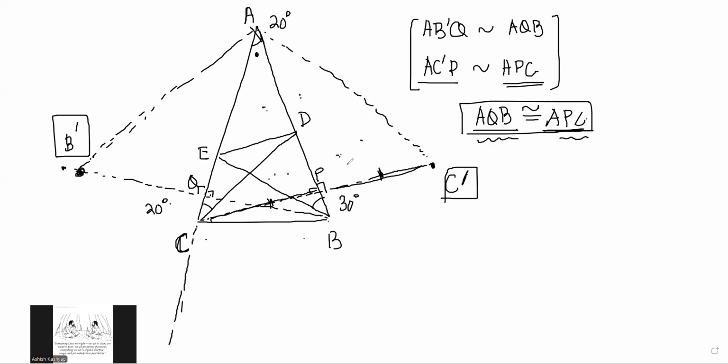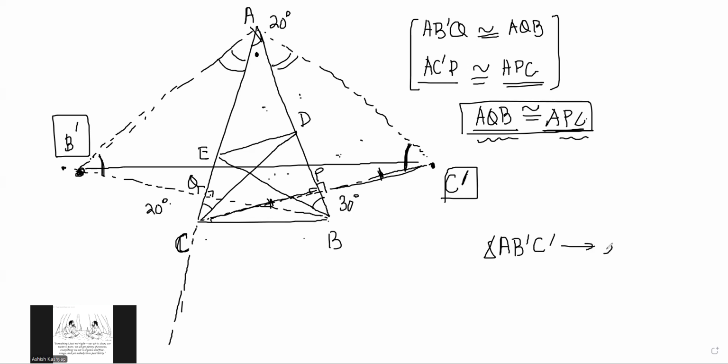Since these are congruent, now we know that AB dash Q is congruent to AC dash P, which means this angle is same as this angle, and also this angle is same as this angle. And now if I join B dash and C dash like this, you can prove that triangle AB dash C dash will become equilateral. You can try doing that.